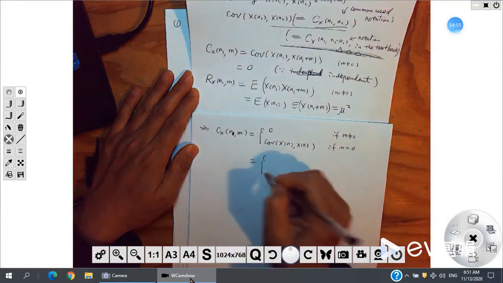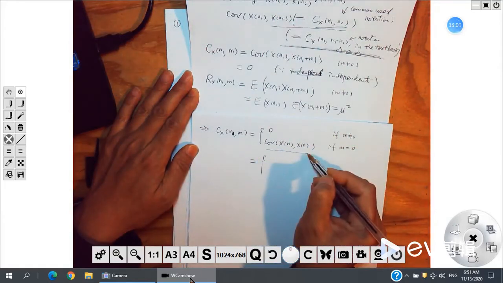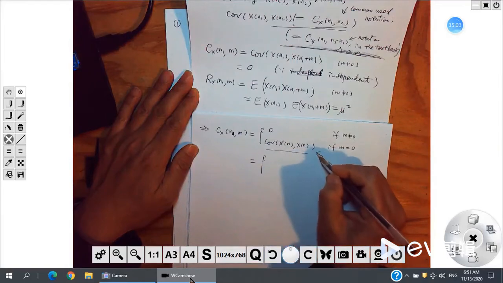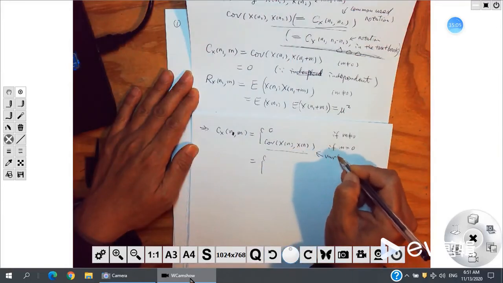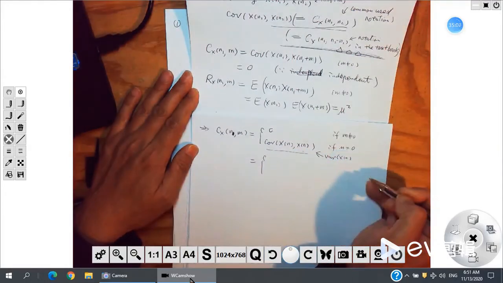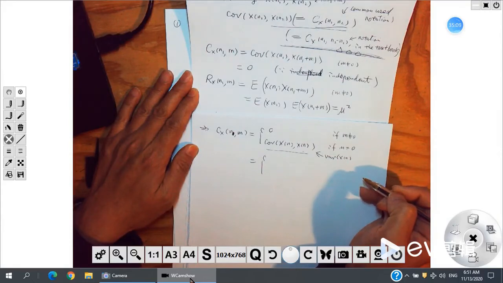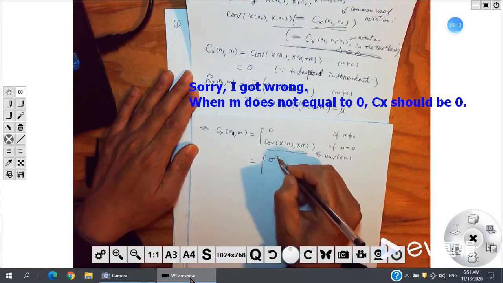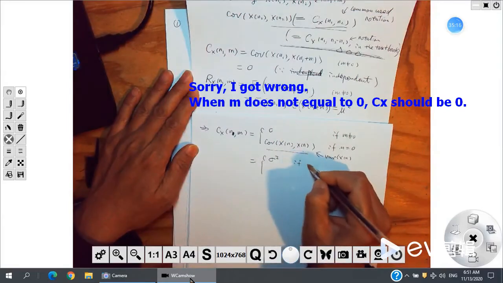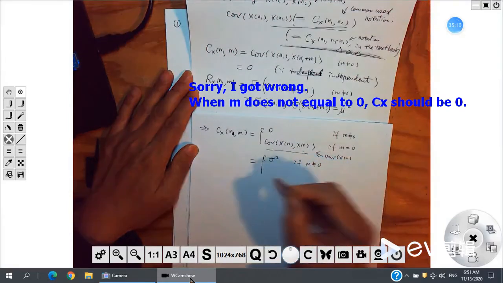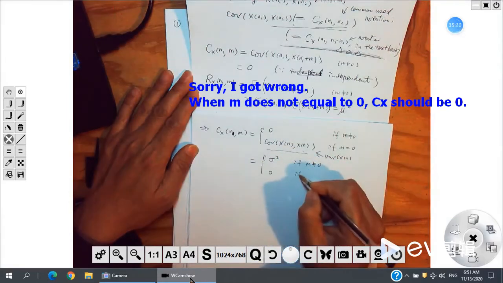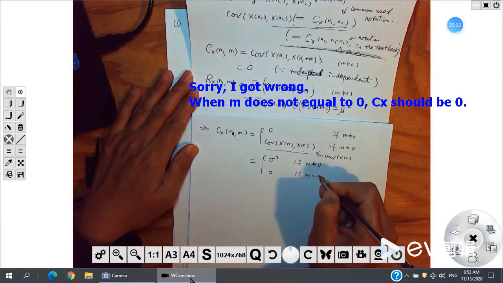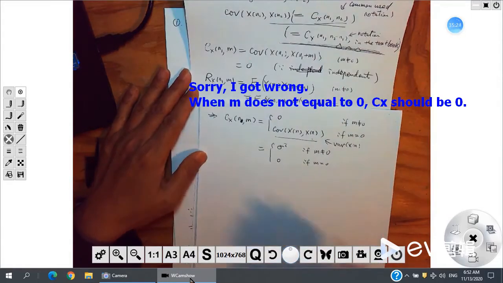So I write what it is. Actually, this is just the variance of x of n. So the variance, we know this is sigma squared, a given value, if m is 0, and 0 if m does not equal 0. Alright, this is Cx.